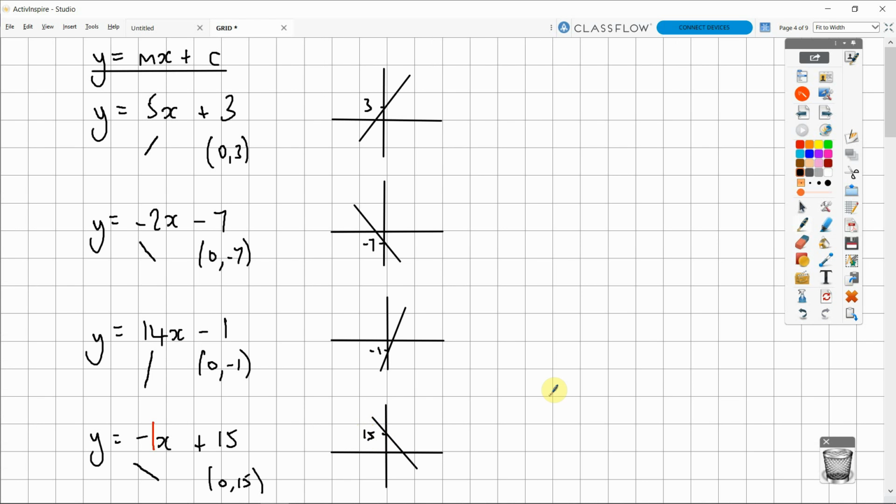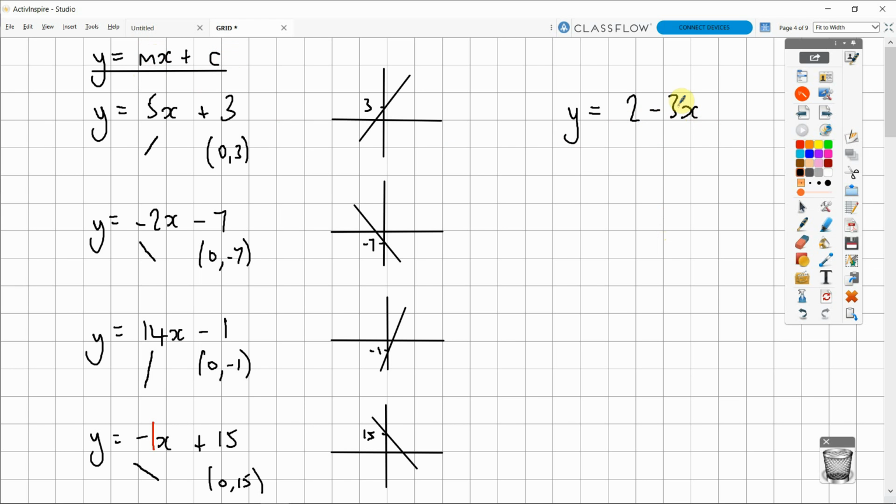There is one important thing to add. Suppose you had y equals 2 minus 3x. It would be very easy to assume that the first number is the m and the second number is the c, or the first number is the gradient, the second number is the y-intercept. Here that would not be true.